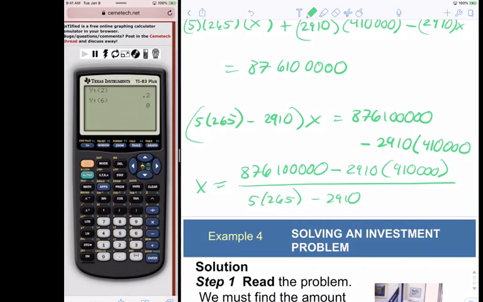Here's the moment of truth. The top is 876 100 123 minus the 2910 times 410 triple 0. That should be the top, divided by 5 times 265 minus the 2910. Okay, I put the whole thing in there.